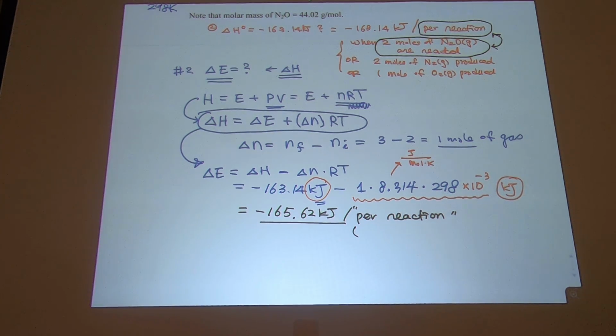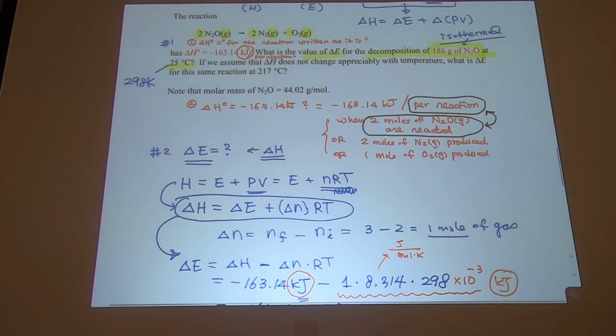Okay, so let's go back to the problem. Say we are dealing with 186 grams of N2O, and I need to convert that into moles. And here I have given you the molar mass of this. So 186 gram N2O, that is your system, is 186 gram multiplied, converted into a mole, 44.2 gram per 1 mole.